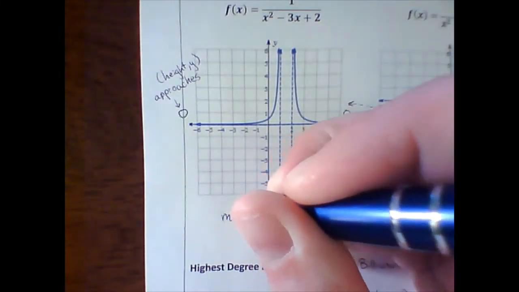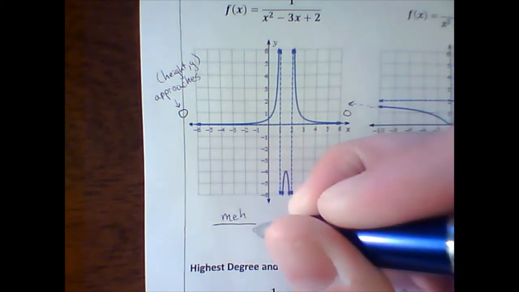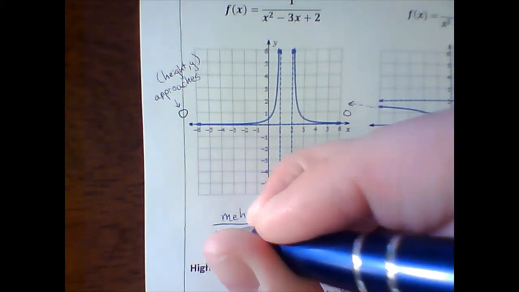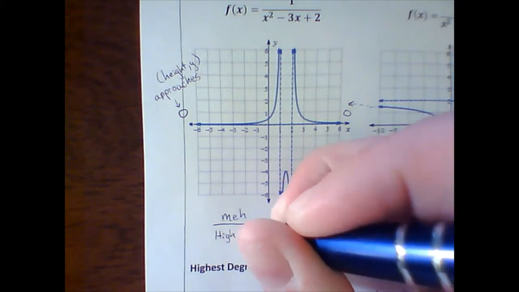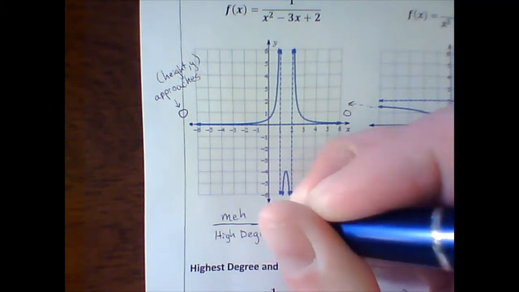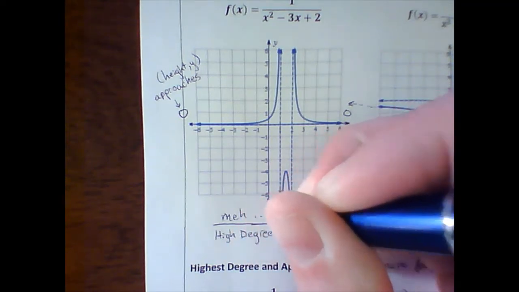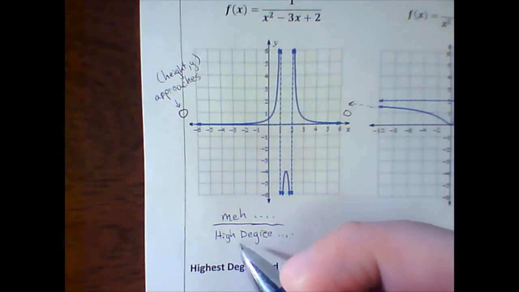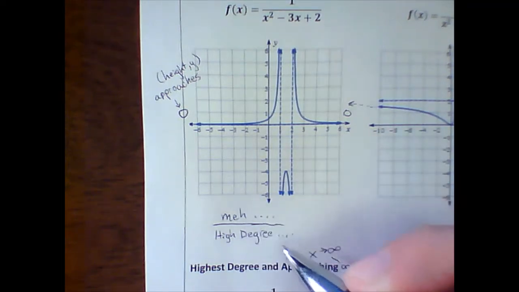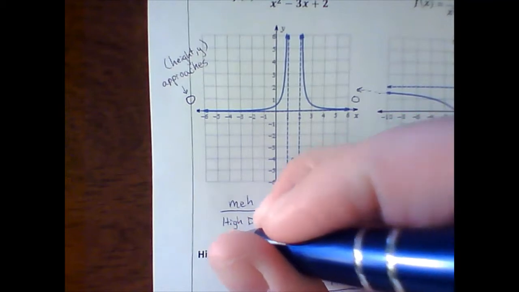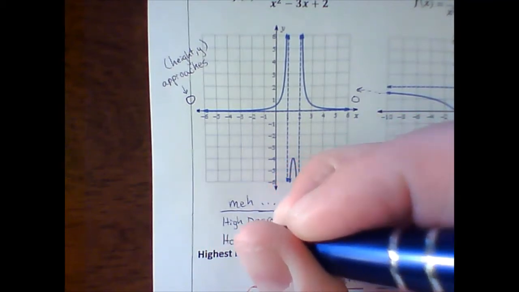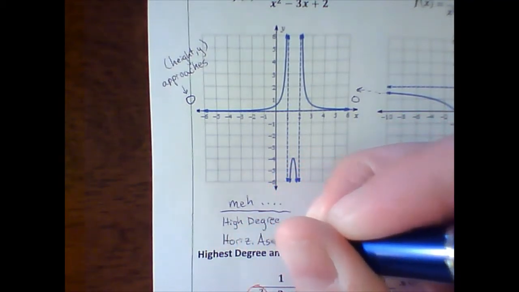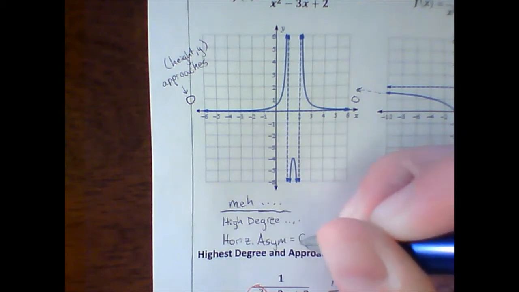So, the moral of the story: if your highest degree is on the bottom and everything else is meh, there can be stuff with your highest degree, there can be stuff on top, that part doesn't matter. If your highest degree is on the bottom, you have a horizontal asymptote at 0.